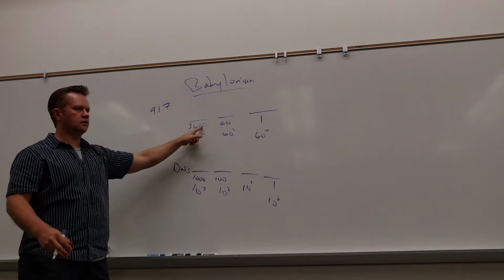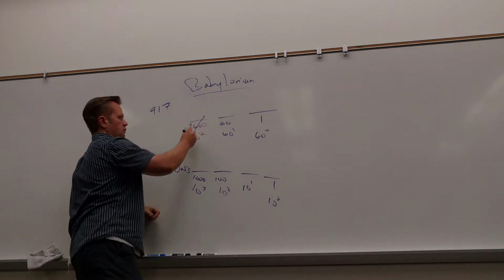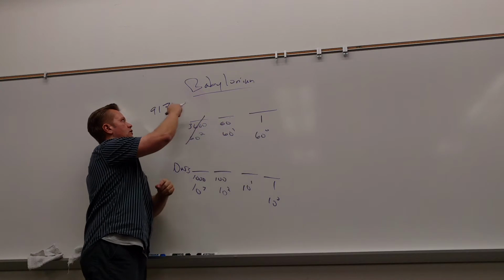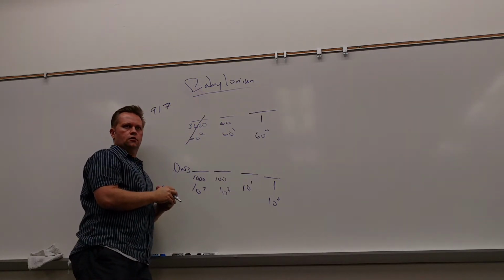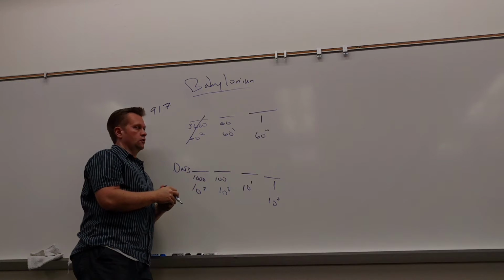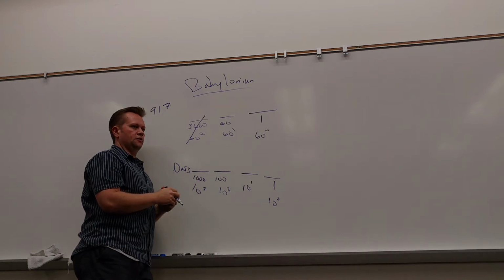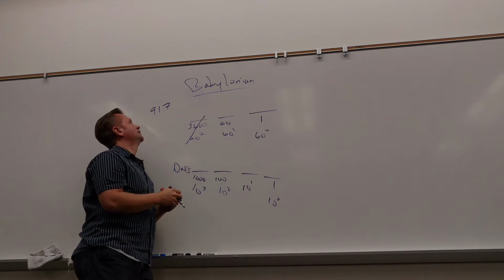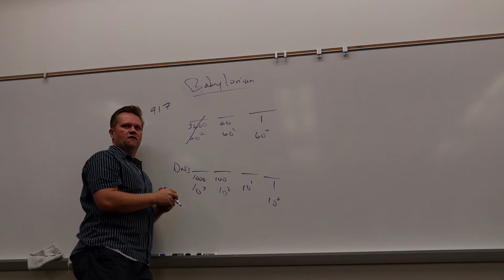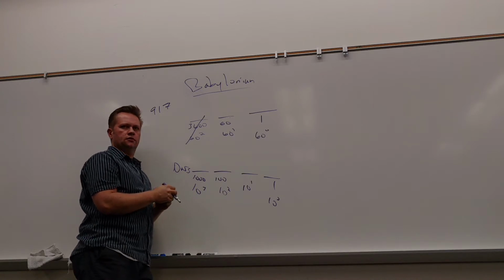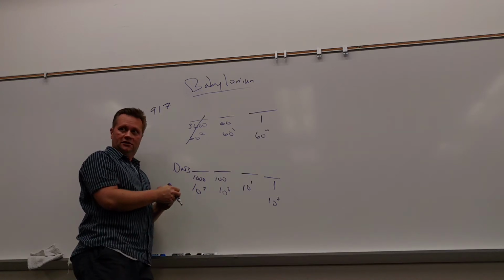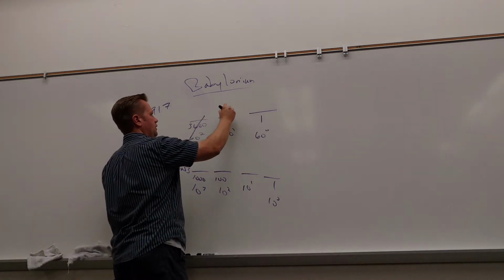I don't need this place, it's too much. So I just need to start here. How many 60s are in 917? 15. What's 15 times 60? 900. Yeah, cool. So 15 60s.